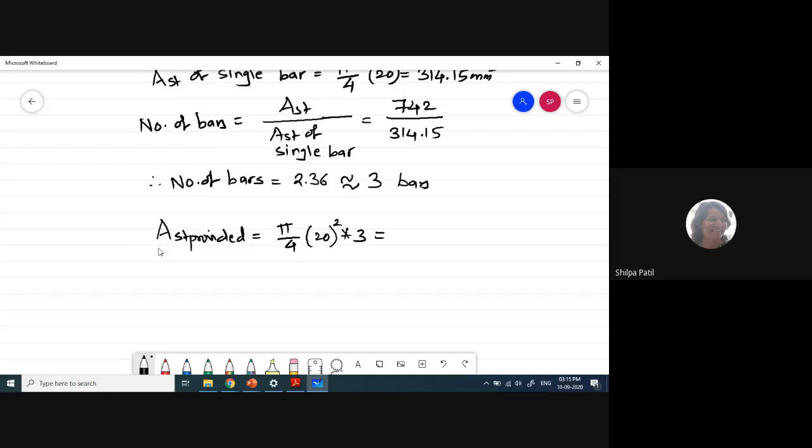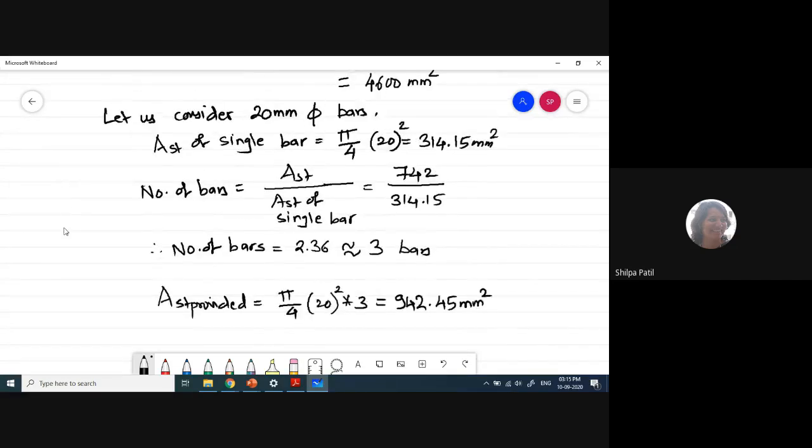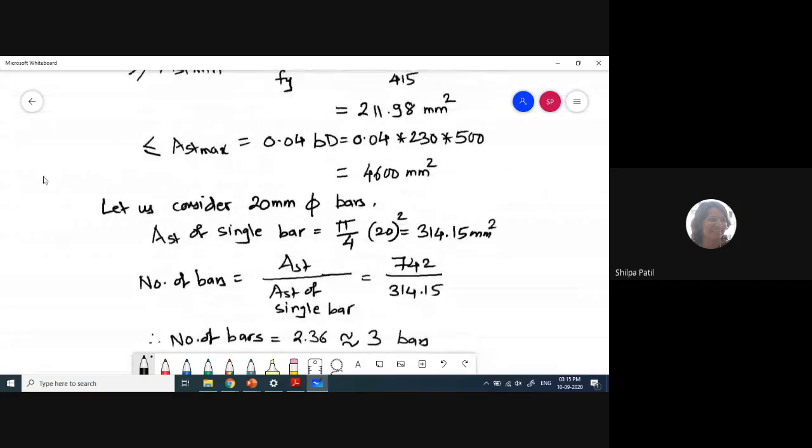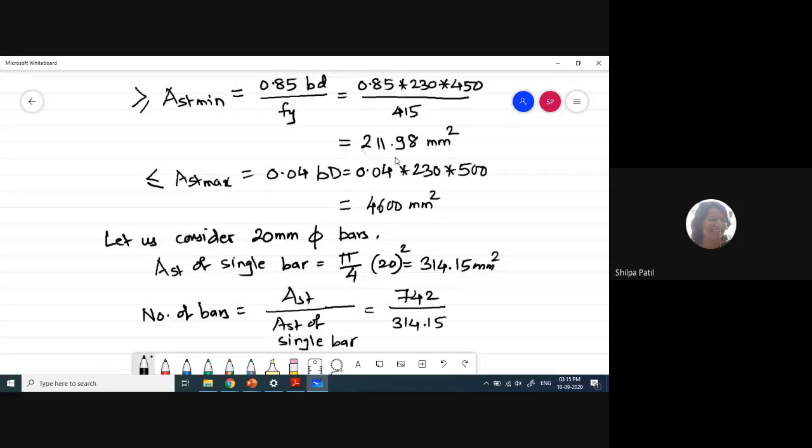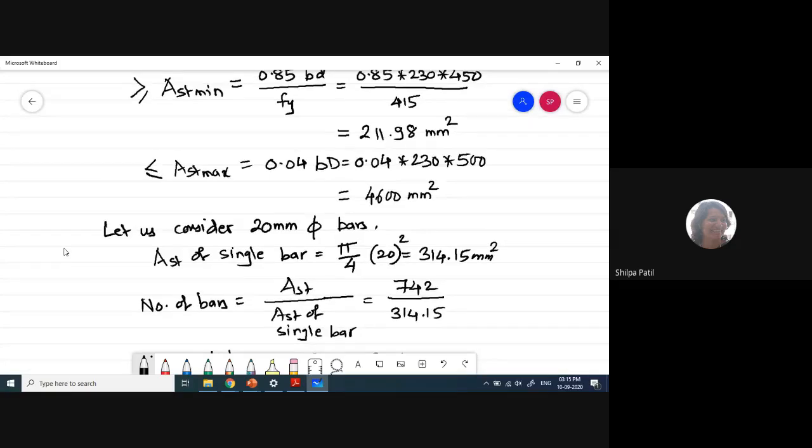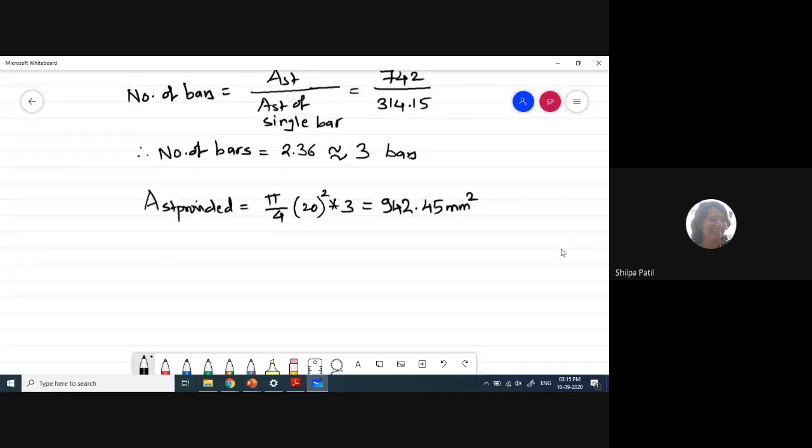Just calculate this value. 942.45 mm square. This is the provided area of the steel. Again, we will check whether it fits between the given limit. It should be greater than 211.98 and it should be lesser than 4600. So the provided area of the steel is correct.